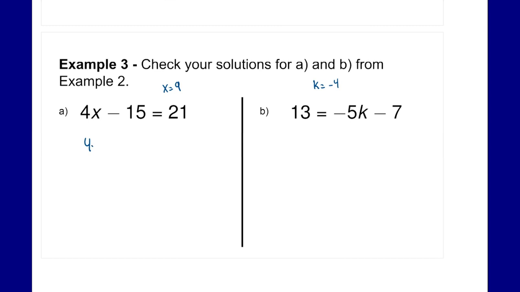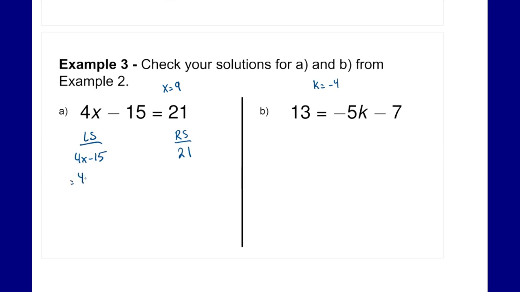First I'm going to split it into a left side and a right side. The left side of my equation is everything to the left of the equal sign, so 4x minus 15. The right side is everything on the right side of the equal sign, or just 21. Then I'm going to substitute in x equals 9, wherever x is.